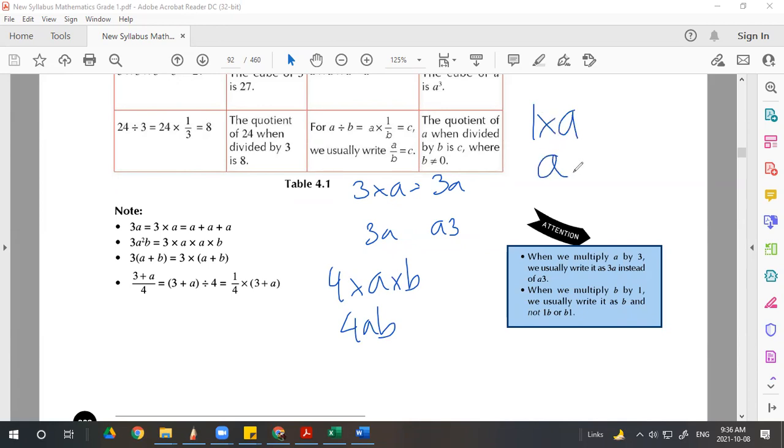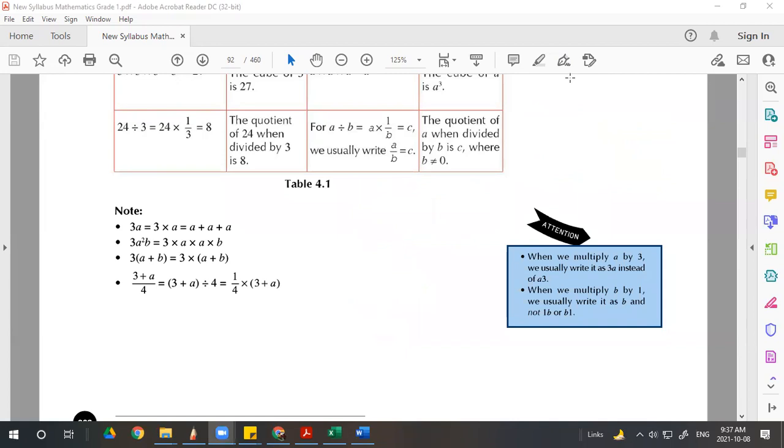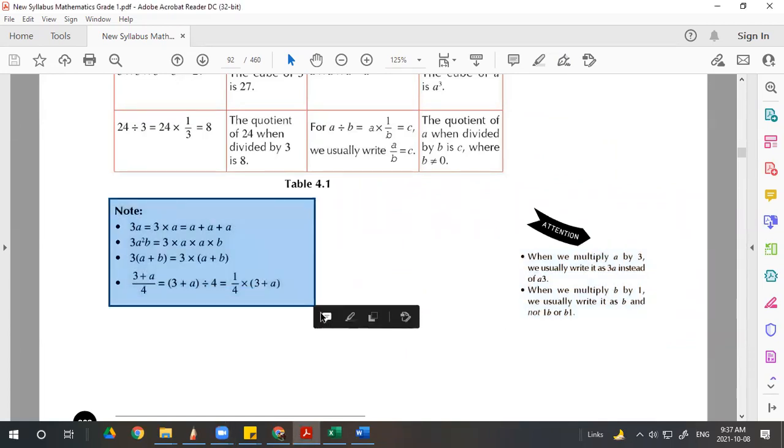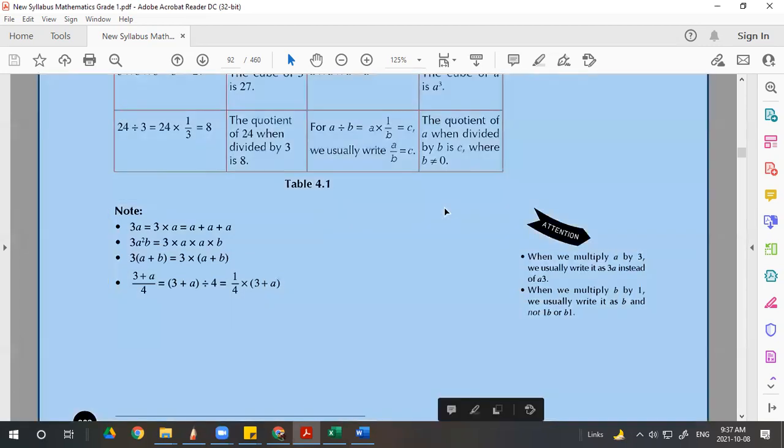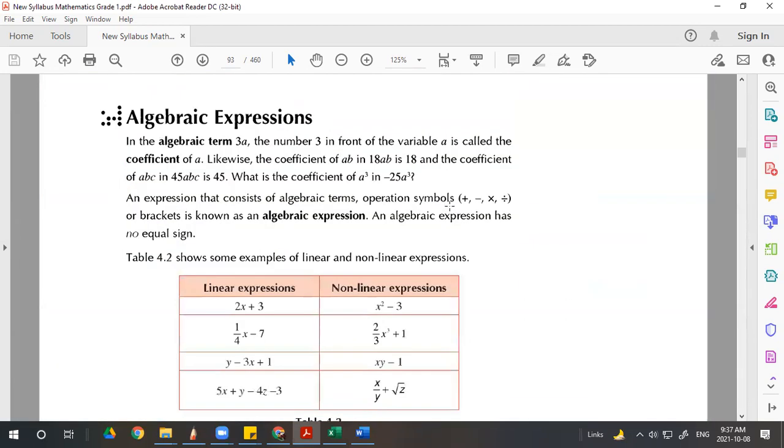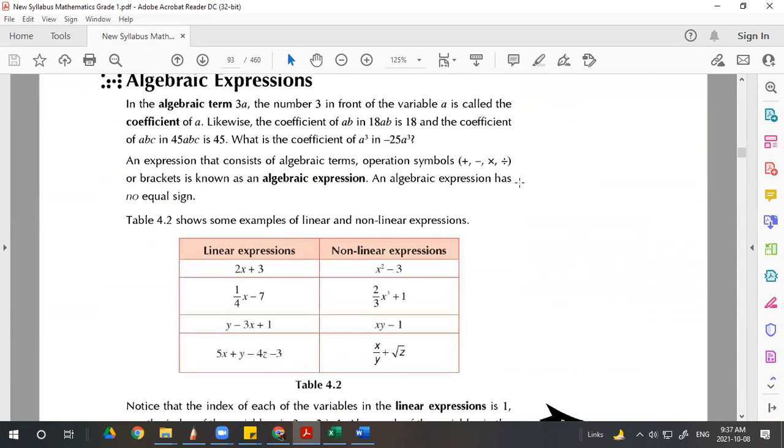So a itself, you don't have to put 1a, no need. But 2 times a, you have to put the number, 2a. If it is 1, you don't have to put the number 1 in front of the variables, what we call. This will be important to you, so you can look at your book. Everything is complete there. I just want to conduct it so that you can understand easily.